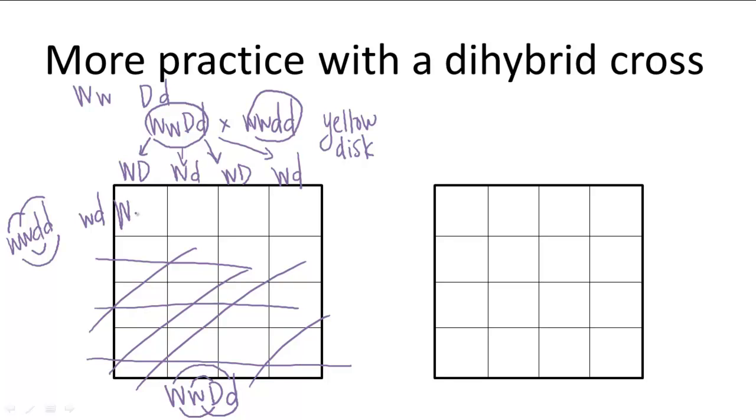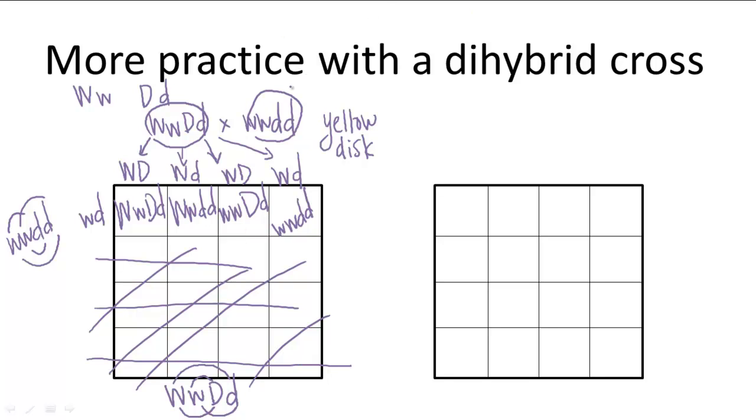So big W, little w, big D, little d; big W, little w, little d, little d; little w, little w, big D, little d; and little w, little w, little d, little d. Now you can figure out from these genotypes the predicted phenotypes of the squash.